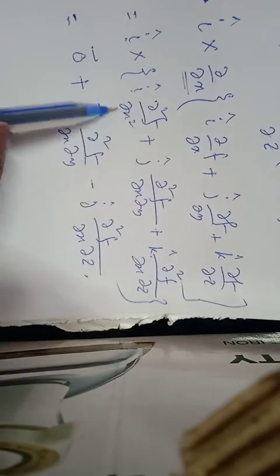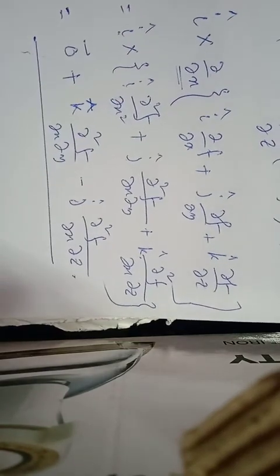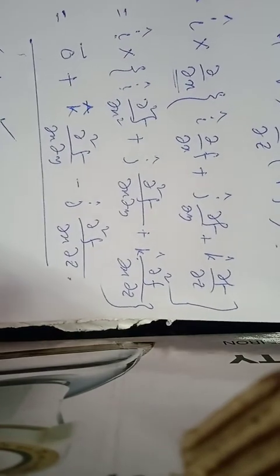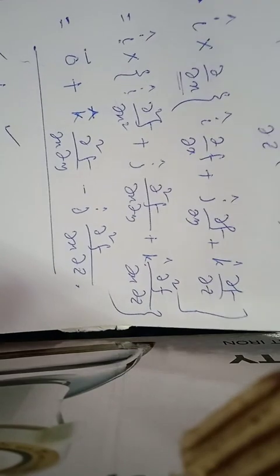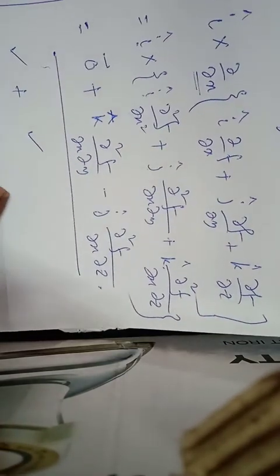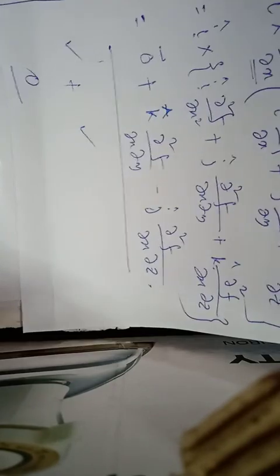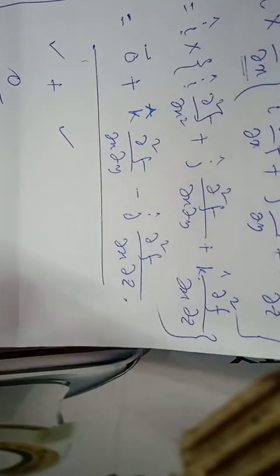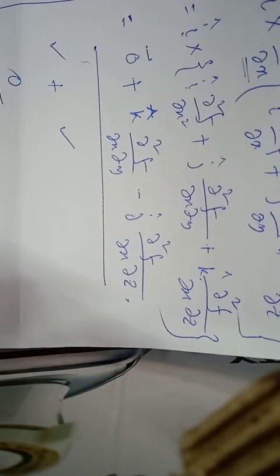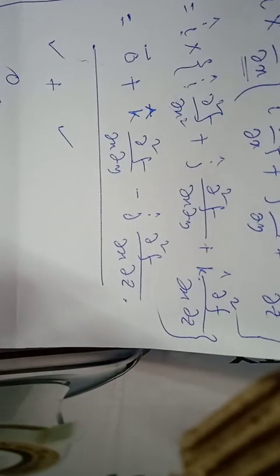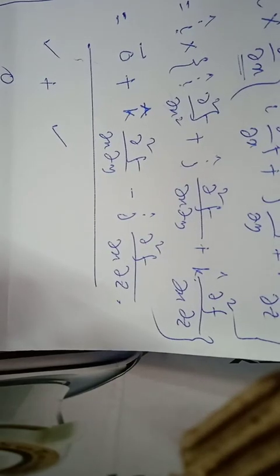So by expanding this first term only, you get this result. Similarly, you need to expand the second term and the third term also, then add these three terms, and you will see the result will be 0. So this is the proof of the first property, which is curl grad F equals 0.